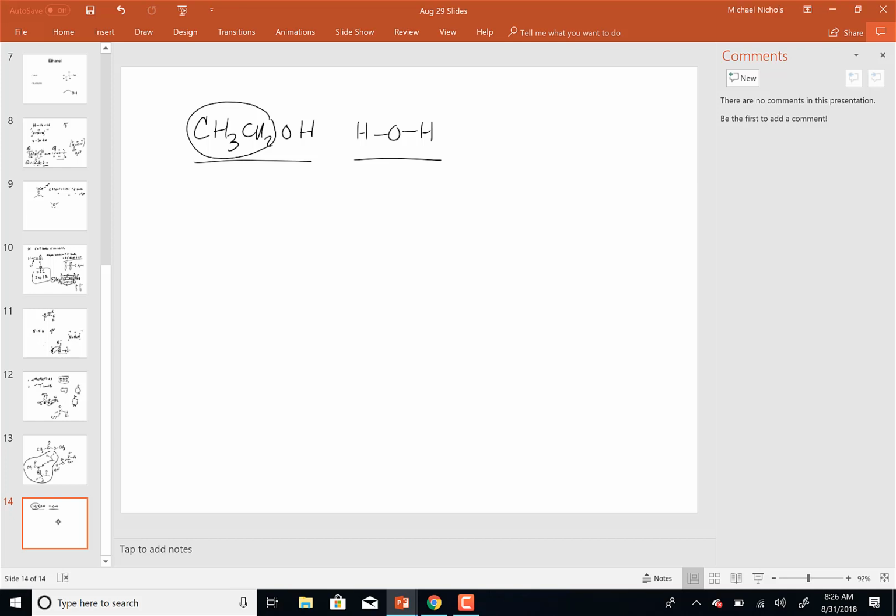So at some point, that chain can be long enough where the alcohol will not dissolve in water. Yeah, the OH might want to hydrogen bond with the water, but if the nonpolar part of the molecule is too much, then it will not dissolve in water. And I think we'll find out in lab that that's about 4 carbons. When you get to 4 carbons, it really doesn't dissolve in water well.